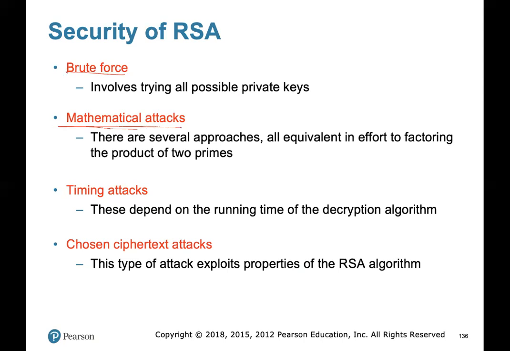asymmetric encryption algorithms are always subject to mathematical attack. What does that mean? It means that mathematicians may find ways to do factorization more easily, and that avenue is always open. We can never block that avenue and say that no one can come up with something.